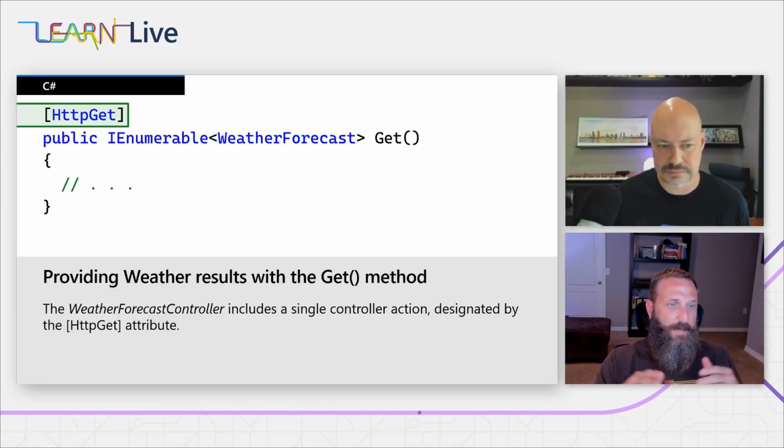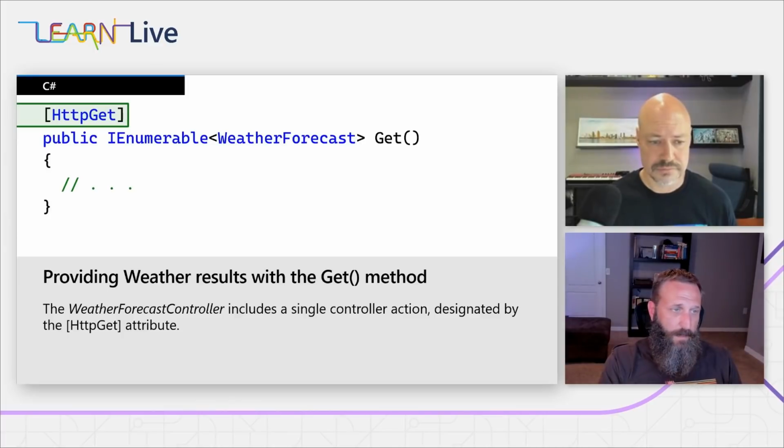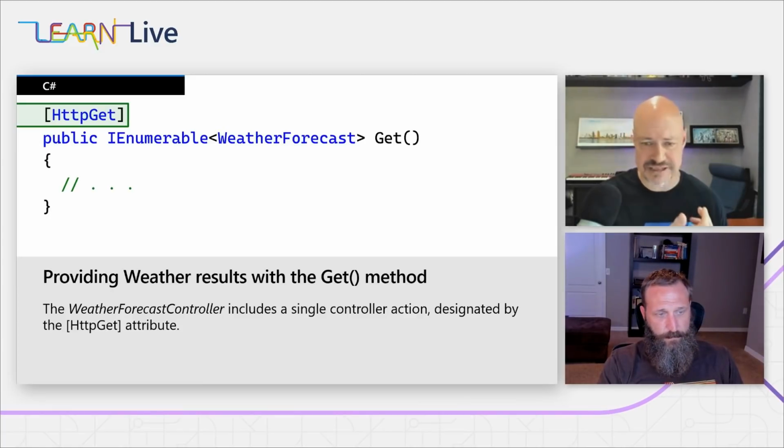This method's named GET, but it could be named whatever, like I need some weather. It just knows that when that GET request comes into the API, this is the method that's going to execute and return those results. Nice. Okay. So that gives me the flexibility to name or rename my methods whatever I want, and I can very quickly see GET is what's going to go into this.